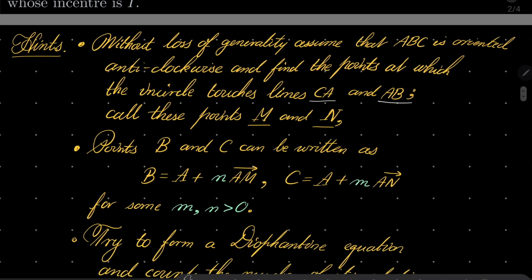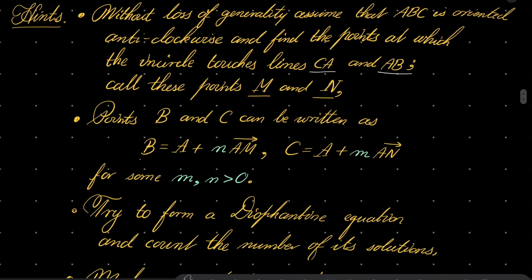Notice that points B and C can be written as B equals point A translated by vector AM multiplied by some number, and C as point A translated by vector AN multiplied by some number, which two numbers m and n are positive real numbers.